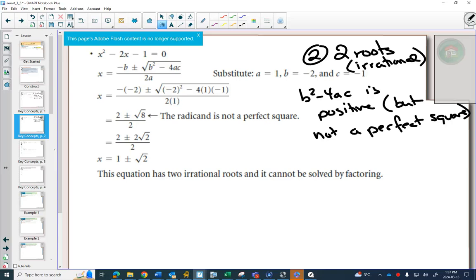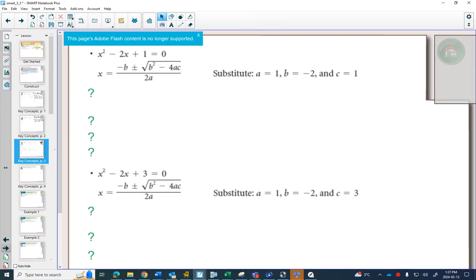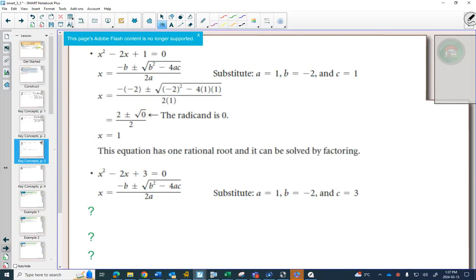Equation number 3 here, the discriminant is 0. Inside the square root was 0. And if you're adding and subtracting 0, you're going to get the same answer both times. So you only get one root.